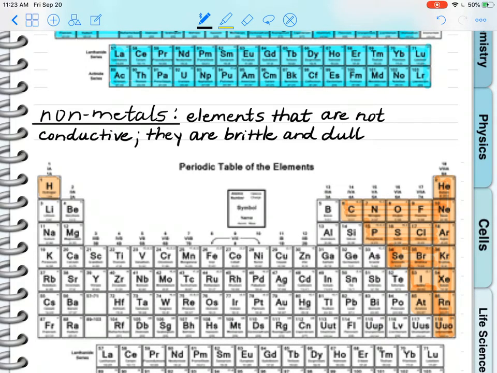So we have hydrogen, which is up here, and then helium, carbon, nitrogen, oxygen. I won't go through all of those, but those are the common ones that we'll talk about. So I wanted to show you where those are. Those are your non-metals.